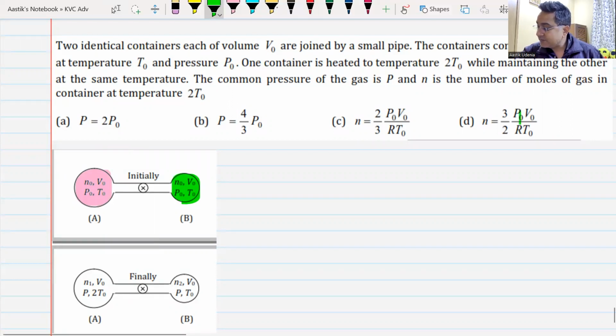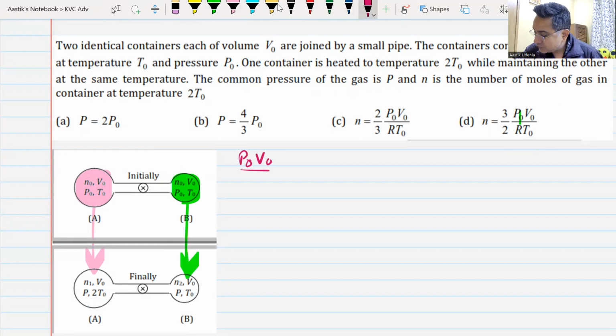Now this pink gas becomes like this: the pressure is common, P, but the temperature is different, and this gas becomes this. Yes or no? That's it. You just need to make the equations.